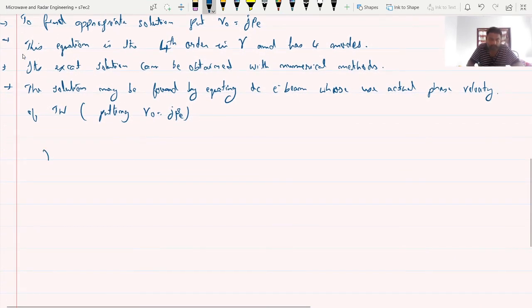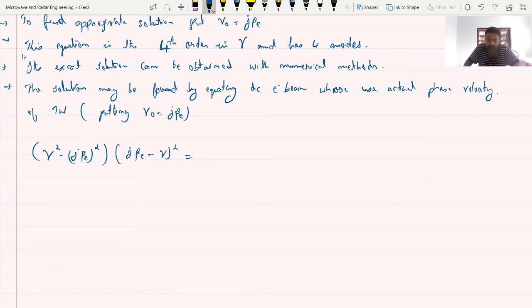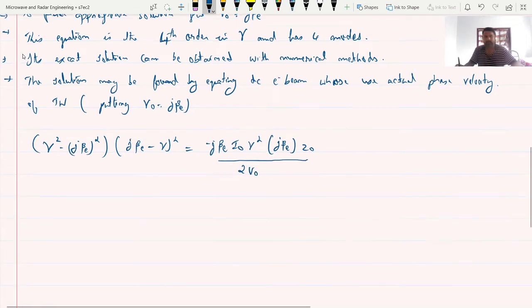So put in gamma square minus (j beta e) square, that is the first term. (j beta e minus gamma) the whole square will be equal to minus j beta e I naught gamma square j beta e Z naught divided by 2 into V naught.